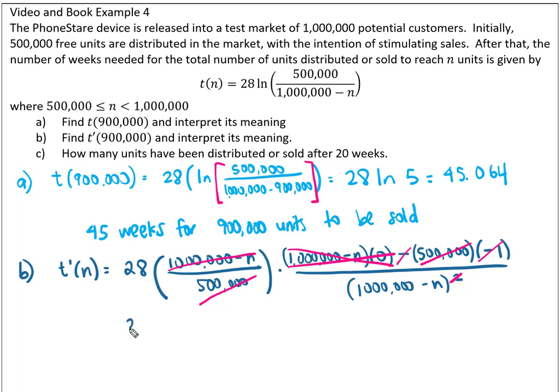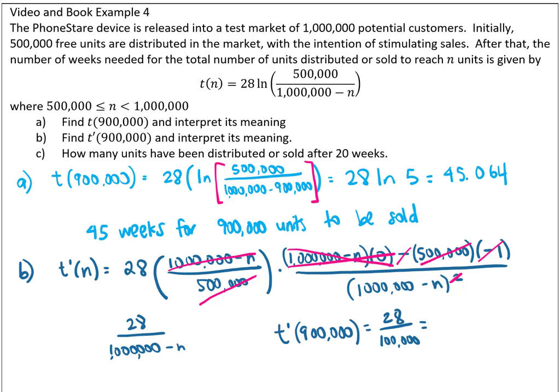So the derivative is 28 over 1 million minus n. So what is t prime of 900,000? Well, that's going to be 28 over 1 million minus 900,000, which would just be 100,000.